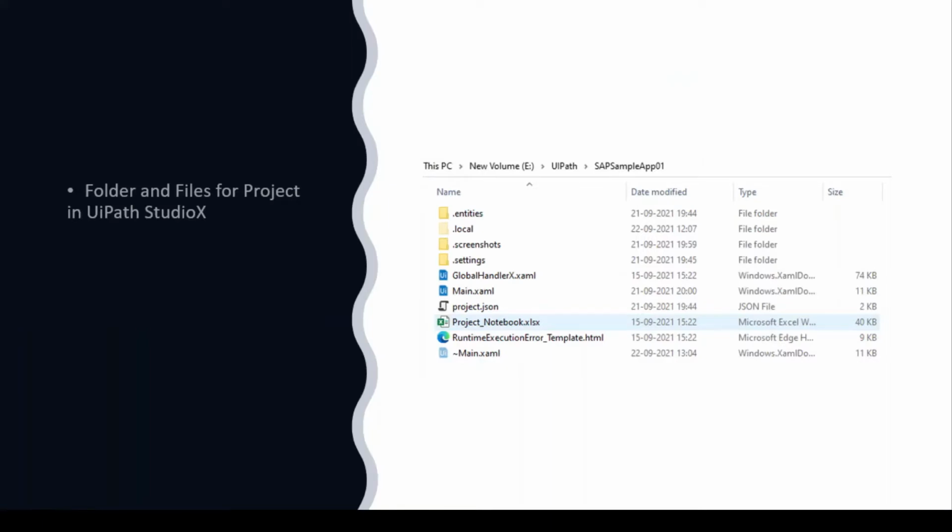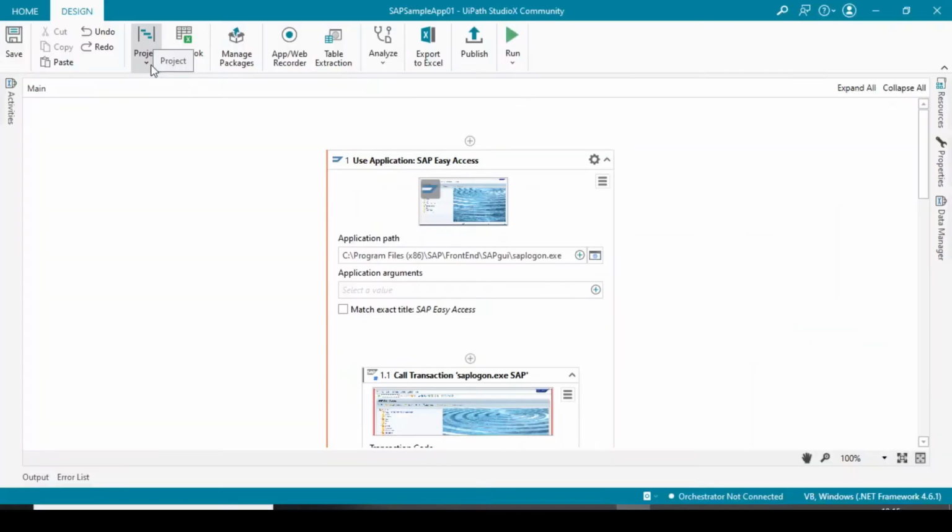As I said earlier, while creating the project, it will create a set of files in a folder. To see the folder, there is an option in the toolbar as Project. If you click on the button, a drop-down menu will appear. From there, we can select Open Project Folder.